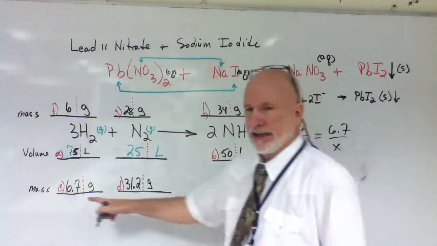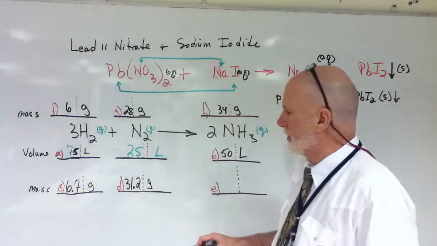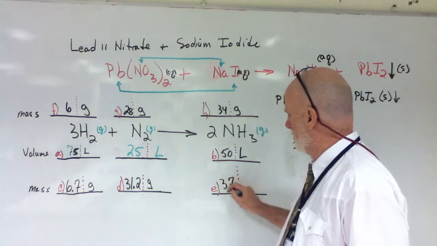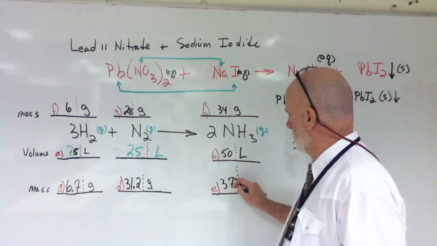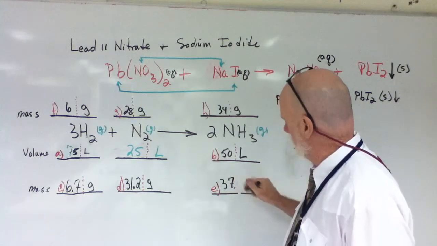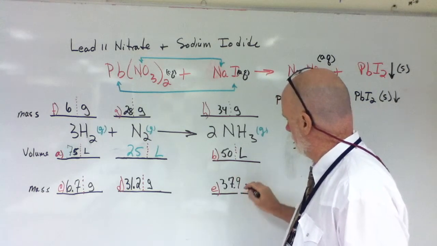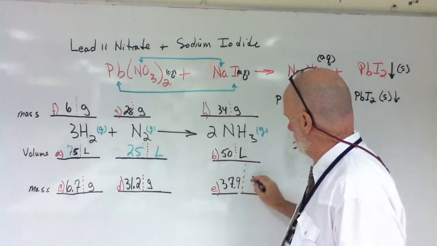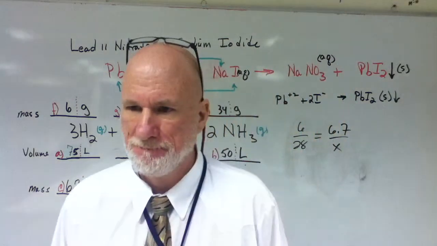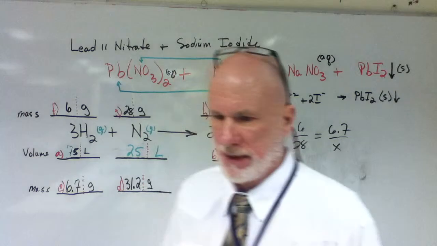And what is 6.7 plus 31.2? Ran out of room. Grams, right? Okay?